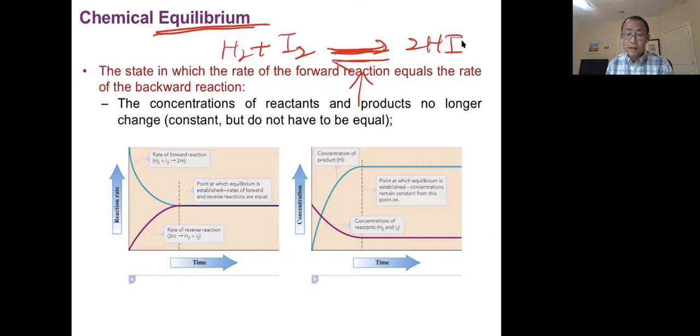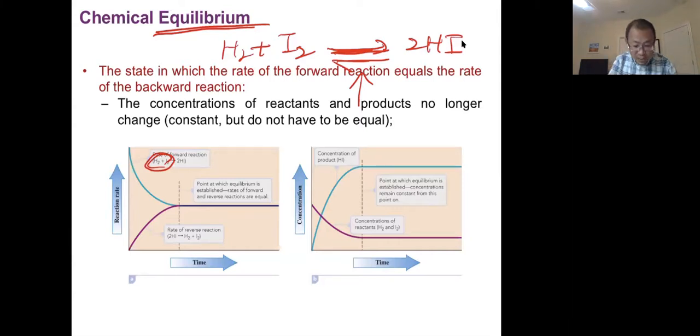You can see the double-sided arrow means you can go back and forth. Now, at a certain time point, the reaction rate will be the same, back and forth. At that point, we call it chemical equilibrium. Why does that happen? Think about it. If I initially only have H2 and I2, the reaction keeps going forward because I don't even have any HI, nobody comes back.